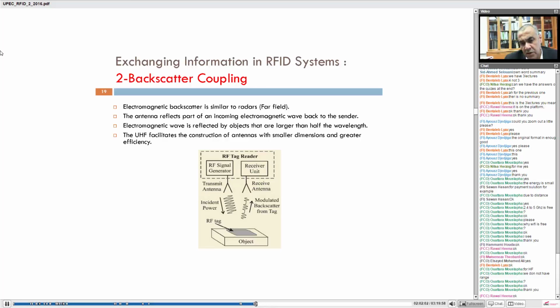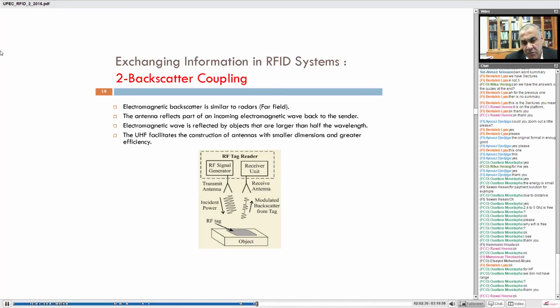You send the wave to the tag, and the tag sends the response after modulation, after changing the wave, because the object has to send the information inside this signal. Then the receiver, which is the reader, receives through its antenna the information backscattered by the tag.